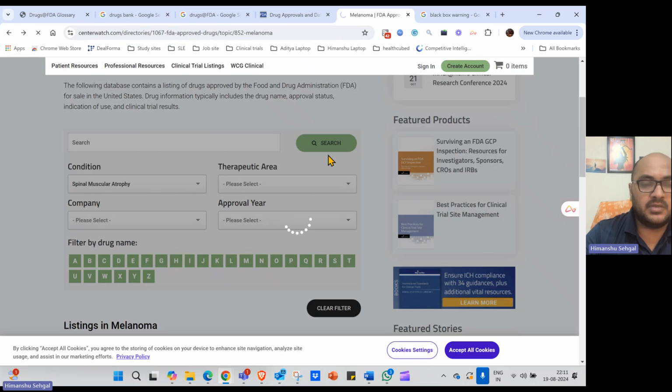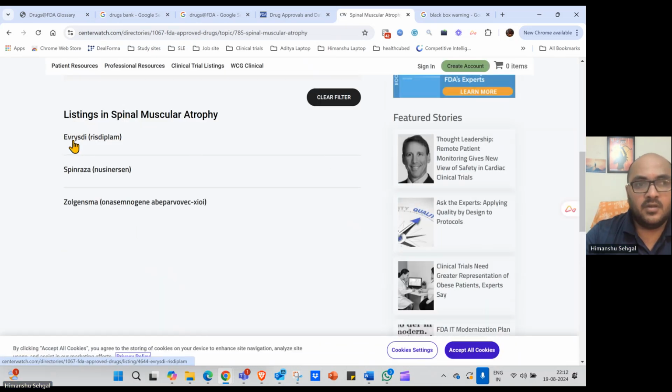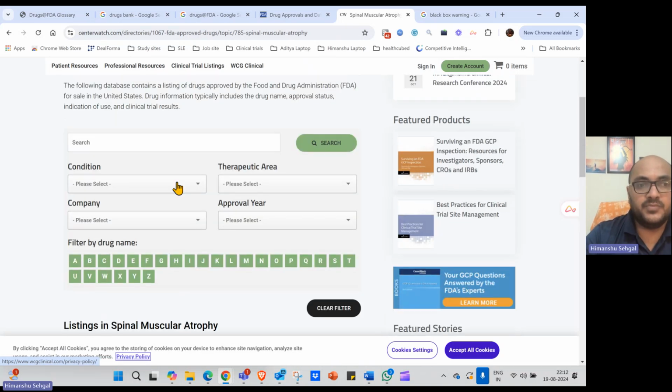So you remember that I showed you one molecule about SMA, Evrysdi, which is an siRNA. It's a Roche molecule. Spinraza, it's a Biogen molecule. And Zolgensma, it's a cell and gene therapy from Novartis.